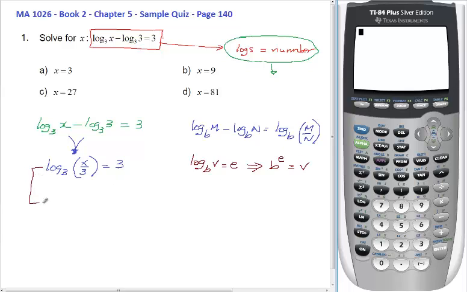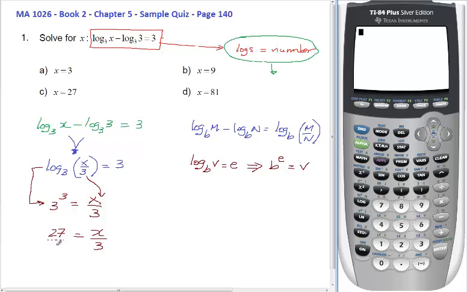So as I switch to exponential form, I get the base, always the subscript, first. Then we raise it to the power of the opposite side. The exponent is over here, so that goes here. So 3 to the power of 3 equals x over 3. 3 cubed, of course, is 27. So 27 is x over 3.